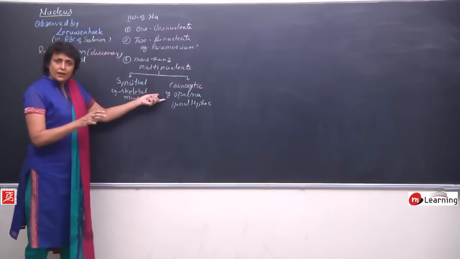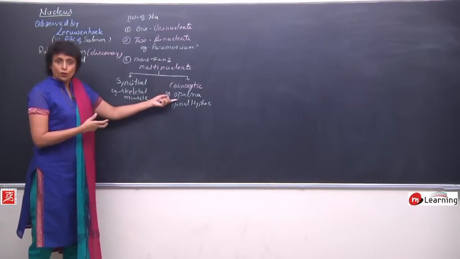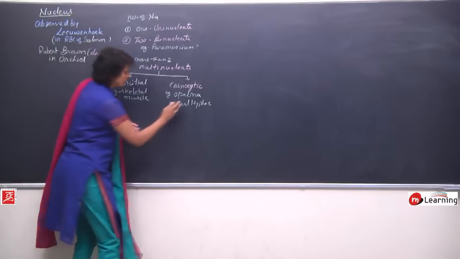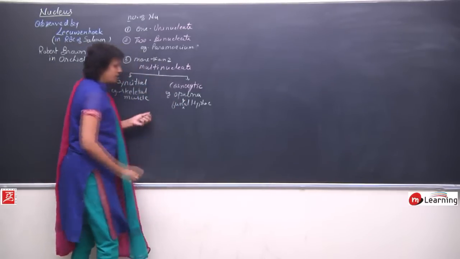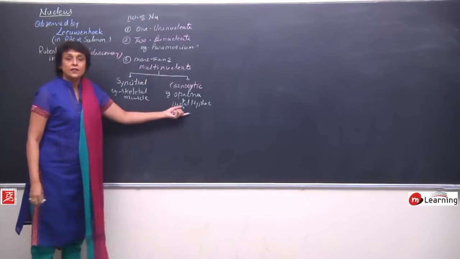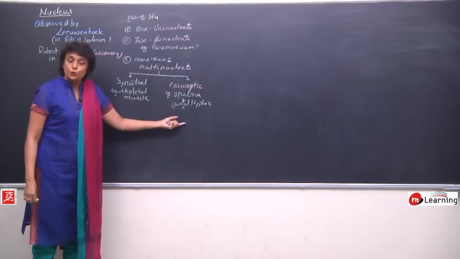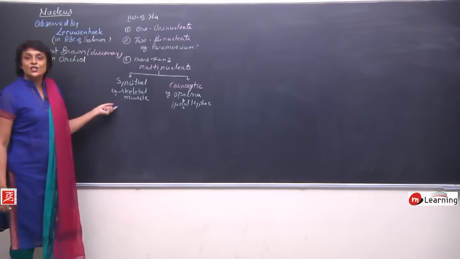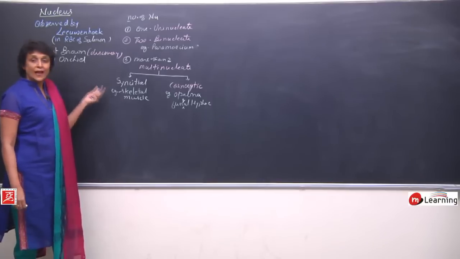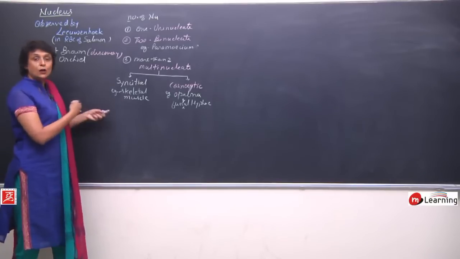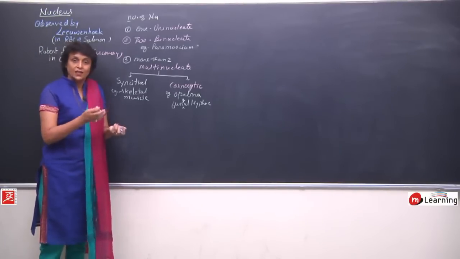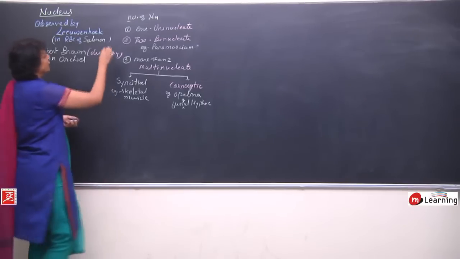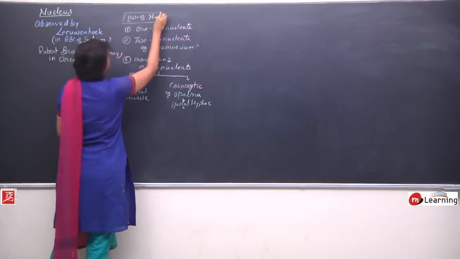So lower organisms, that is protists or fungi, are considered as cenocytic. Even plants, if they are multinucleate, would be cenocytic. Syncytial term is normally used in case of animals, and we have also seen how the development of these multinucleate cells takes place. So this is about the number.